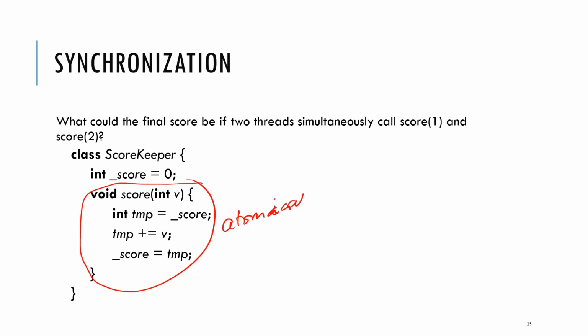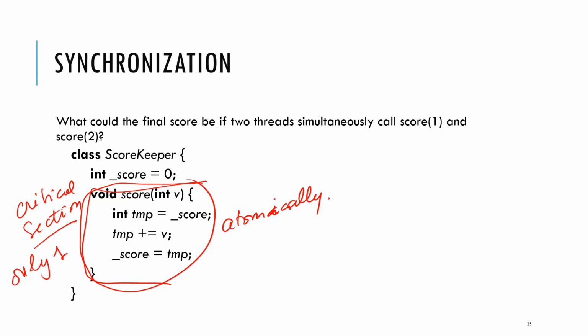We also want this section to be considered as a critical section. A critical section is a section of code that we want only one thread to access, or at least, in certain problems, at most n threads within that section.